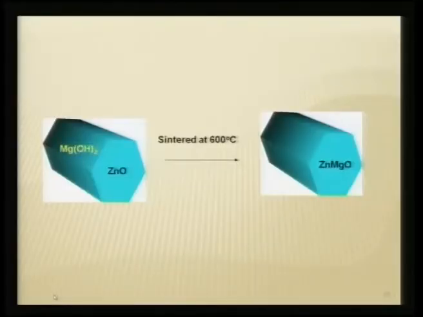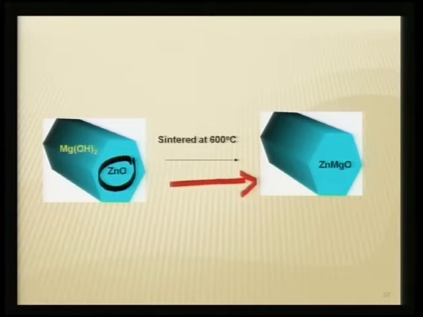What could be the reason? This is a cartoon which gives an idea of what must have happened when zinc oxide is getting formed, and when it is sintered at 600 degrees, the true doping may be happening at this stage.